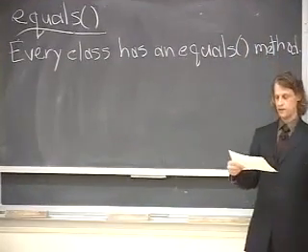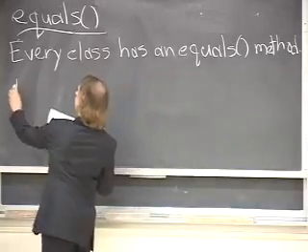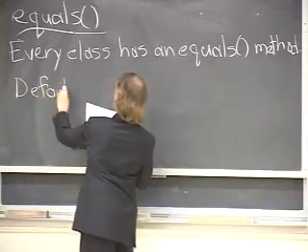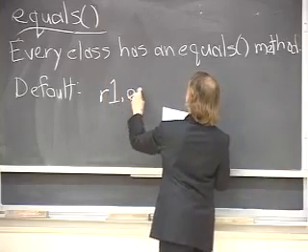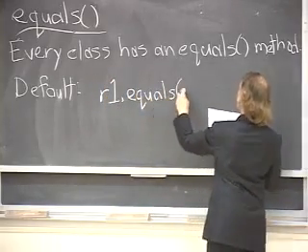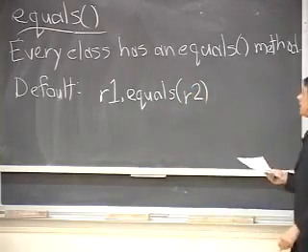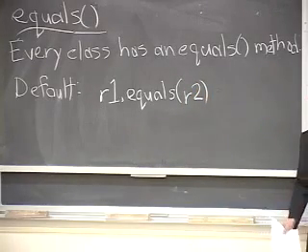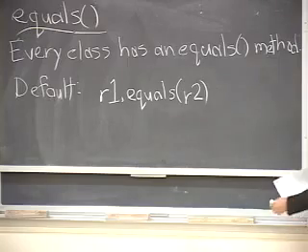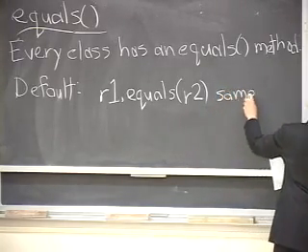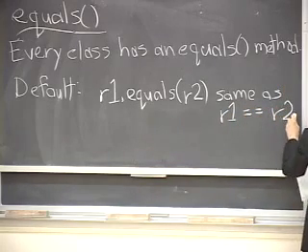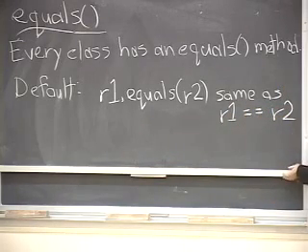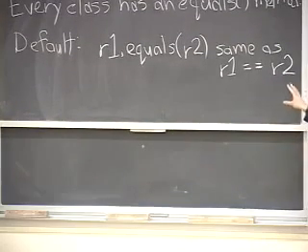If you don't define one explicitly, then the default is, if you write something like r1.equals(r2), that's the same as just testing whether those two references point to the same object. So reference equality is the default for equals.